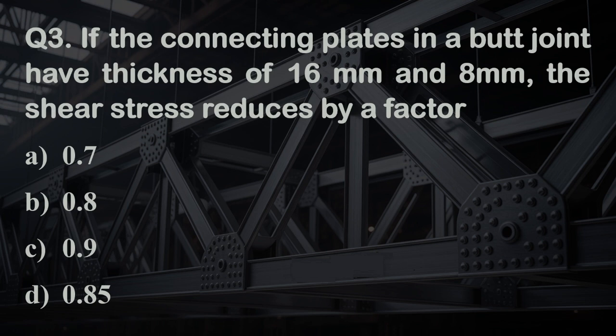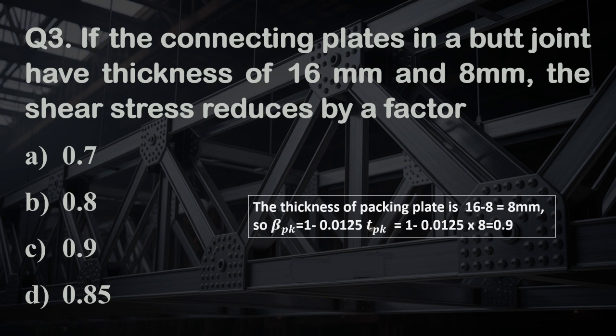If the connecting plates in a butt joint have thickness of 16 millimeters and 8 millimeters, the shear stress reduces by a factor 0.7, 0.8, 0.9, 0.85. The thickness of packing plate is 16 minus 8 equals 8 millimeters. So beta pk equals 1 minus 0.0125 tpk equals 1 minus 0.0125 into 8, which is equal to 0.9.